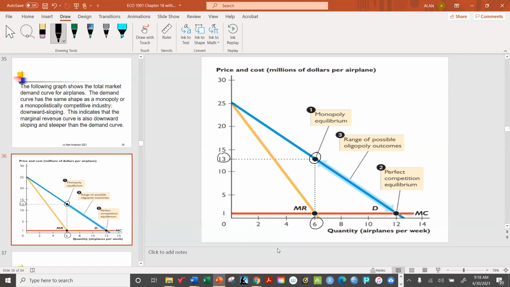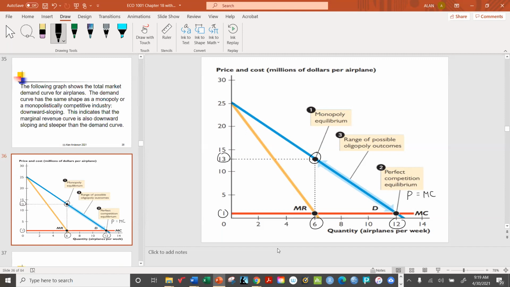By the way, down here you can see if we had a perfectly competitive industry where P equals MC, then you would have 12 planes produced every week at a price of $1 million each. Now, obviously, the oligopolists do not want to produce that many planes at such a low price.